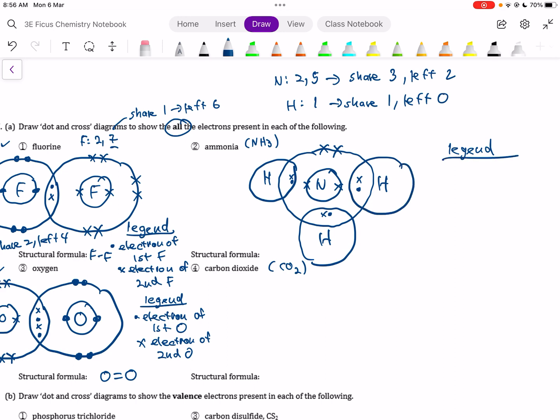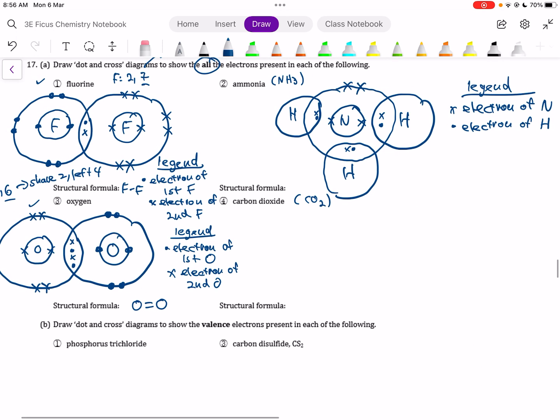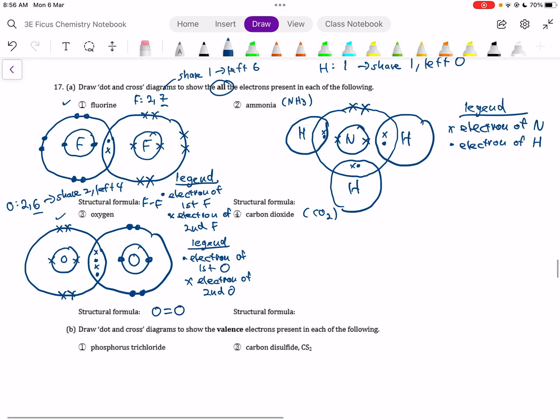The legend: this is electrons of N, then dot is electrons of H. You can try this on your carbon dioxide as well.